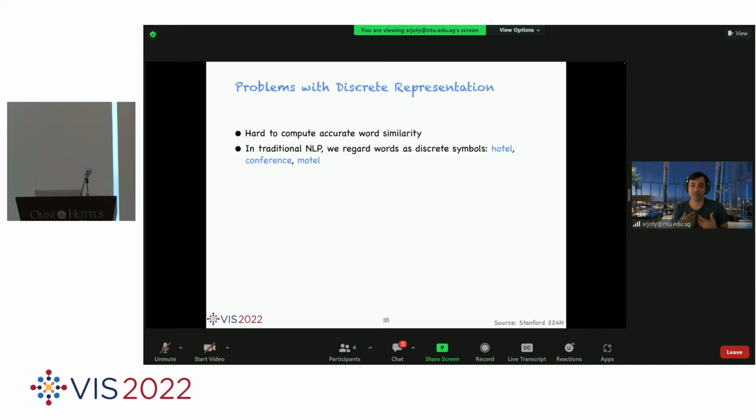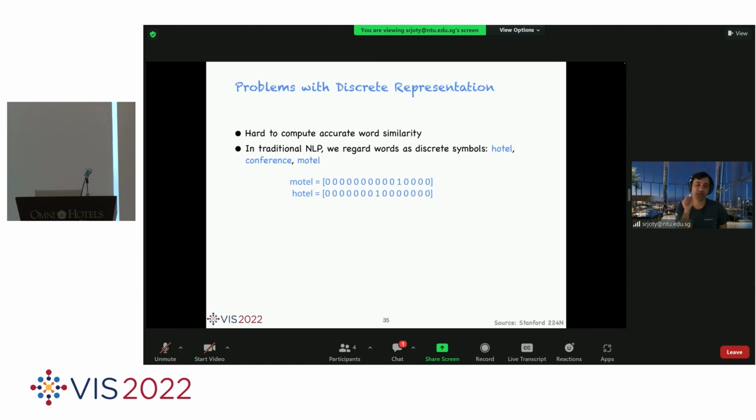And also, previously we were using mostly the discrete representation, which is a symbolic representation, more like a bag of words representation, where we represent each word as a vector of 0, 1 values. So for example, here motel would be represented by a vector where the index of motel would be 1, others would be 0.